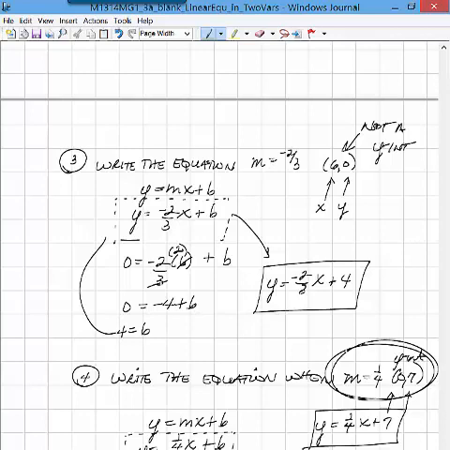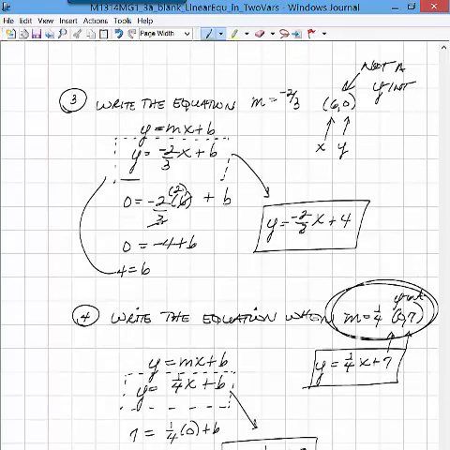All right, what if they ask me one more thing? What is the equation of the line when, and I'm not going to write the whole words, I'm just going to put write the equation. And I'm going to put on here that the slope is 0 and it's passing through the point (7, 12).